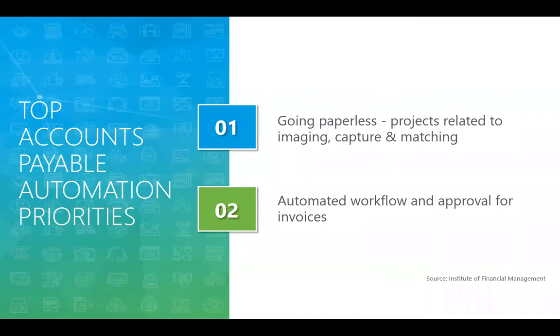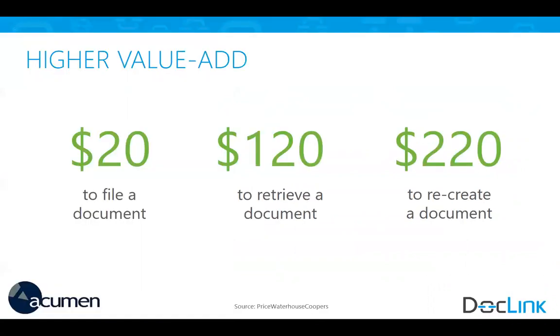And number two, the second highest priority is to have workflow, automating their processes, and a lot of these organizations have been able to save 3 years of time and effort. So that's really important, being able to automate things, managing things electronically.